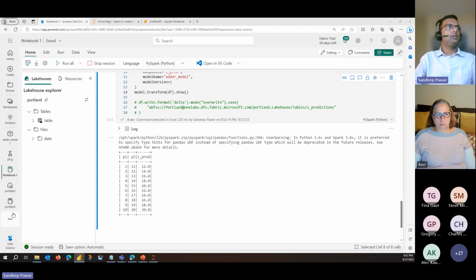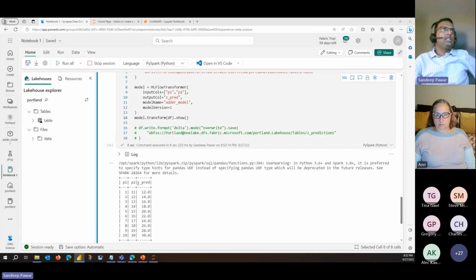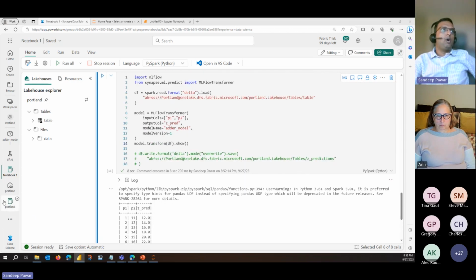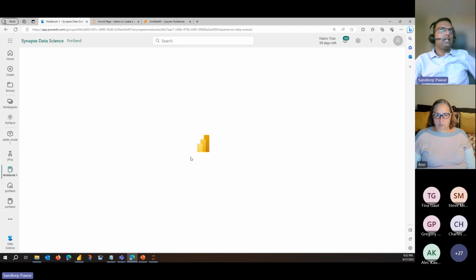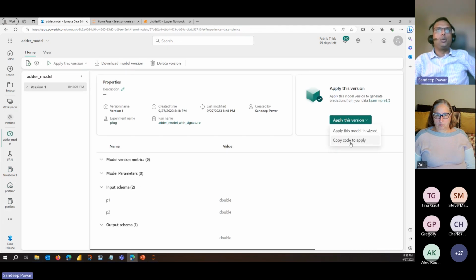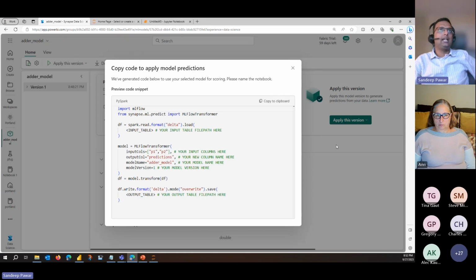So, which is what the exact workflow will be if we were creating the forecast for this graph, where I already have the model that I had created. I'll run the experiment, save that model to my model registry. And then when I want to use it, I can either use the code, the model wizard, or in fact, the other way of doing this is go to copy code to apply, which just basically gives you everything in here.